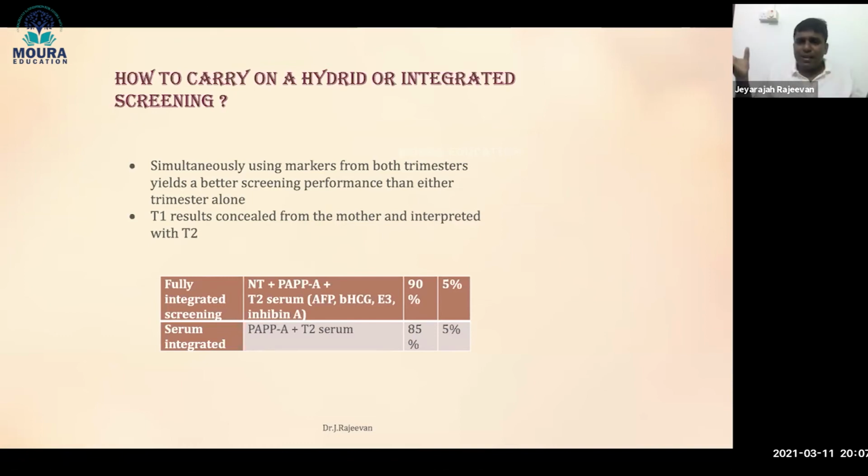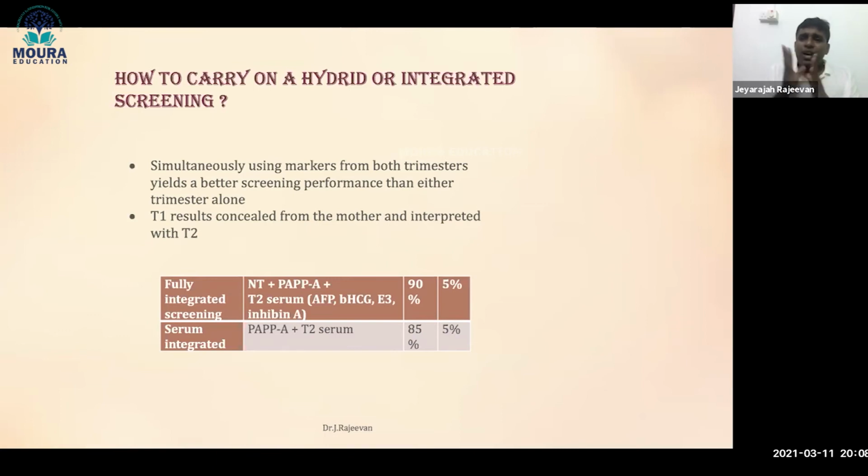So when you combine first trimester and second trimester screening, obviously your detection rate will be high. Do you understand? When you do the screening in first trimester and second trimester, when you make it hybrid, when you integrate, definitely your detection rate is going to be very high.